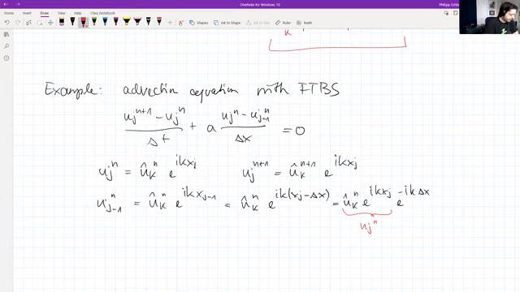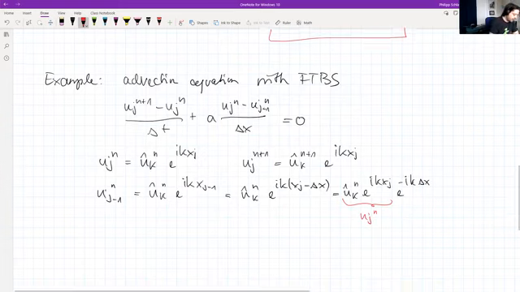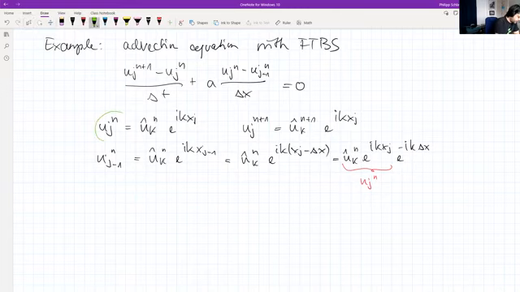Okay. Now I just need to take all these terms and plug them into my fully discretized version, as simple as that. So this would go here, this guy would go here, this guy would go here, and this guy would go here. It's as simple as that. Now, I'm not going to do this calculation, but what I get in the end, if I do this combination, my result will be something like that.